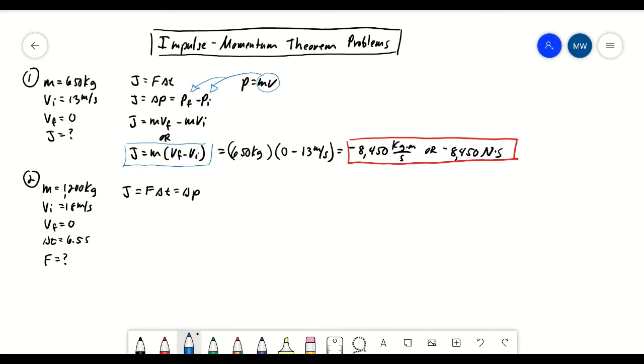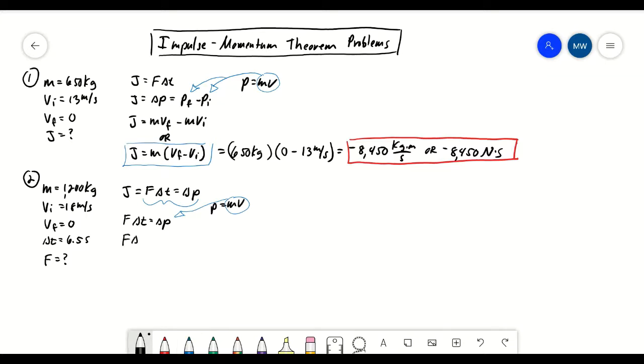And what we're going to do is just look at this part right here. That's all that we need. Let's rewrite this. F delta t equals change in p. And just like we did up on the first problem where we said momentum equals mass times velocity, we'll take our mass times velocity and substitute it in over here when we expand that delta p.